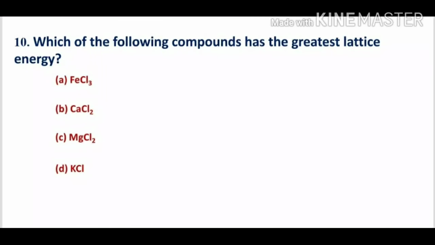In these options the anions are the same, all chloride ions: ferric chloride, calcium chloride, magnesium chloride and potassium chloride. The anions are the same, so compare the cations: option D potassium, option C magnesium, option B calcium, option A iron.